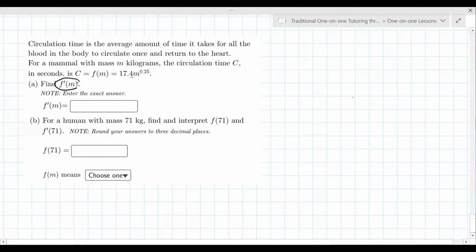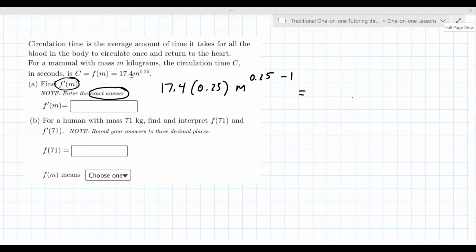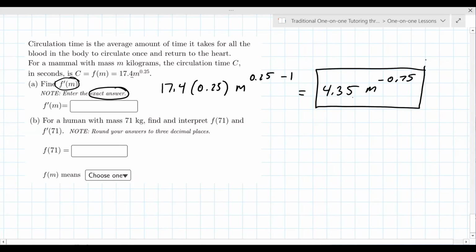They first want you to find f prime of m. That's your derivative, your power rule. So that's 17.4, bring the exponent down times 0.25 m to the 0.25 minus 1 power. Now it says the exact answer, so that means no rounding. It means you probably can't leave it in this form. You need to multiply these things out. So that's 4.35 m to the negative 0.75 power. That is your derivative right there.